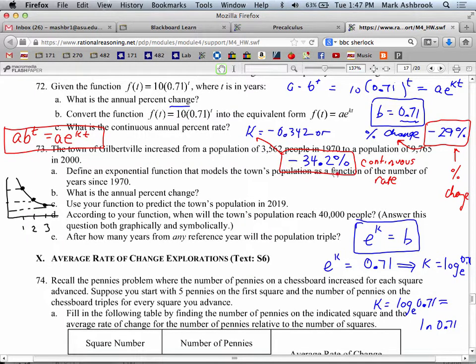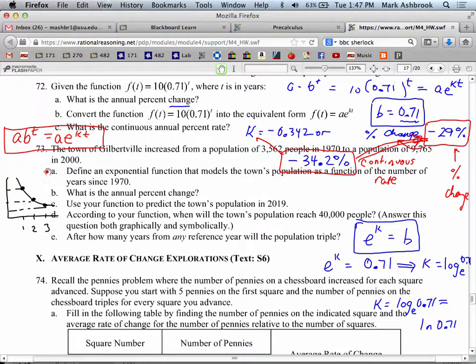Remember that the APR did not reflect the true percent change. With an APR of 12%, that wasn't your true increase on your money. Same thing here: the continuous rate is not the true reflection of how much it goes down. It truly goes down 29% per unit.